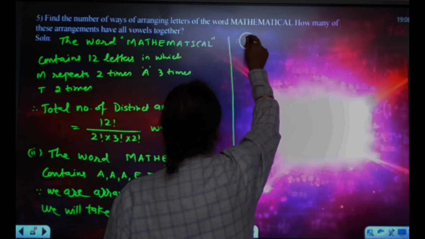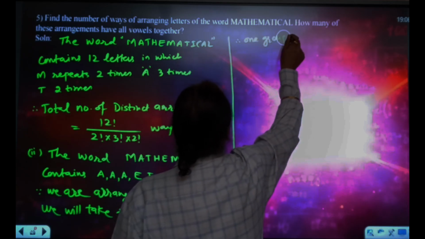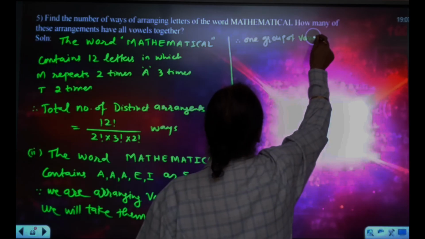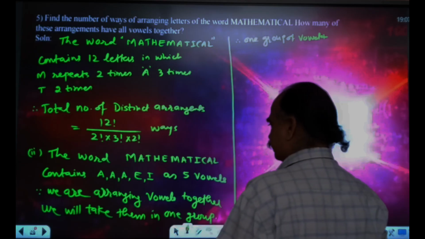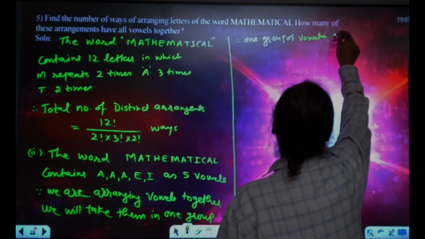Therefore, one group of vowels plus the 7 other letters.